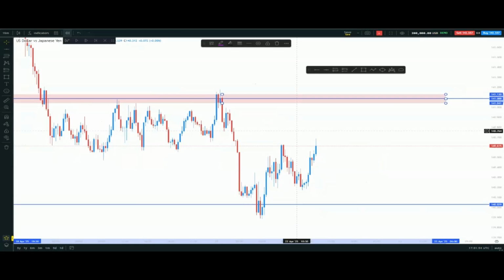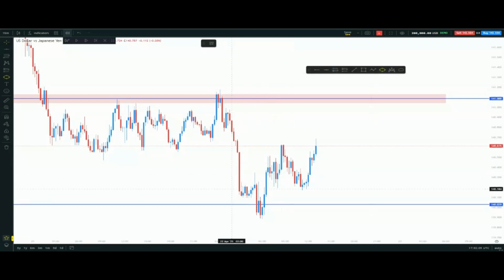I had marked up these zones on the higher time frames, basing off of zones that caused major price movements. And then after these rejections to this zone, I started noticing that the price of USDJPY was starting to form some lower lows, now higher lows, right?